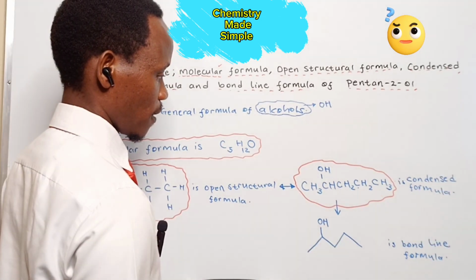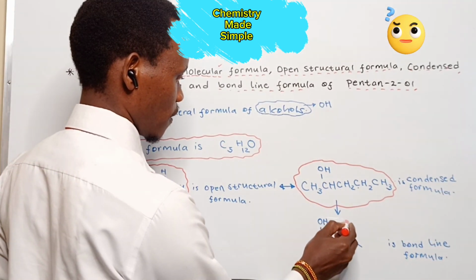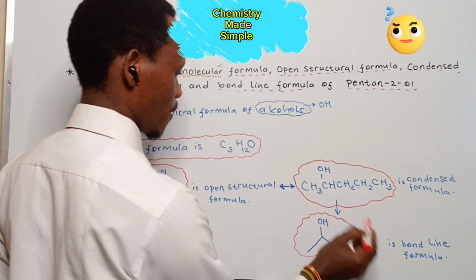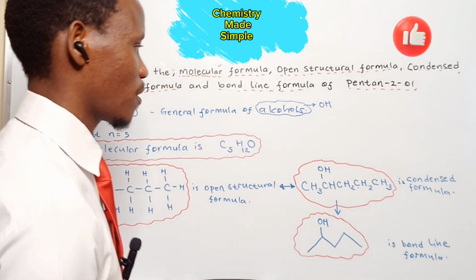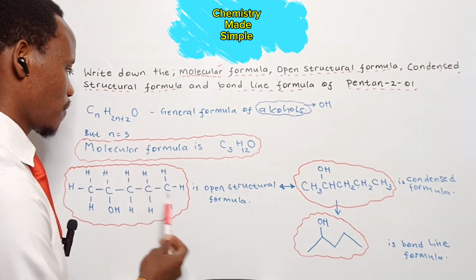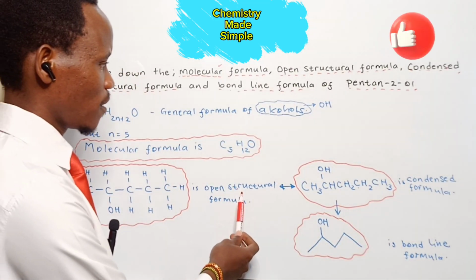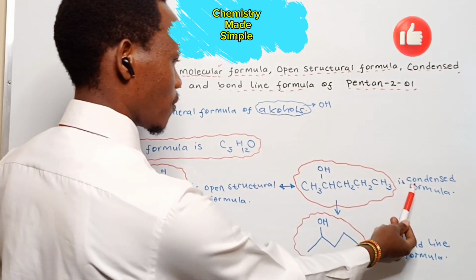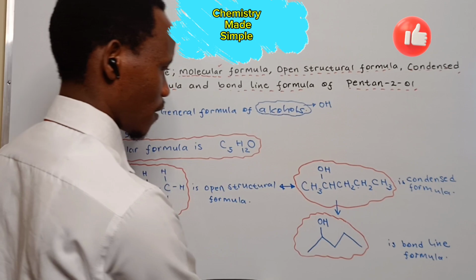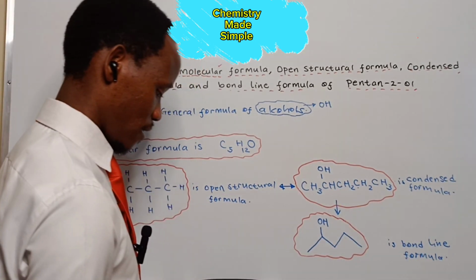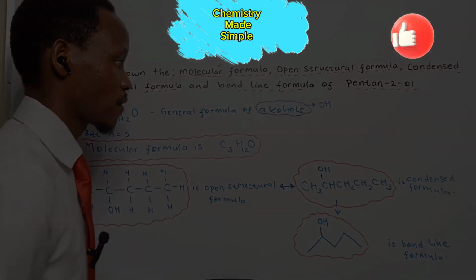From this we can therefore conclude that it is possible to convert a molecular formula into an open structure formula, then the open structure formula into the condensed formula, and from the condensed formula to the bond line formula.